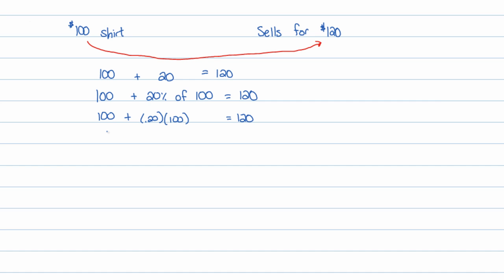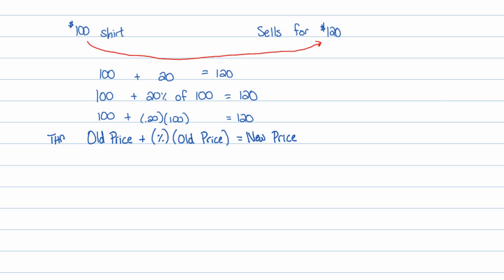Of course, this is all kind of useless if we don't write this in a general format for all problems. So I want you to notice something here. We had an old price of $100 for our shirt, and we tacked on 20% of that old price to arrive at a new price. So let me write that down. Turns out that this is a theorem.